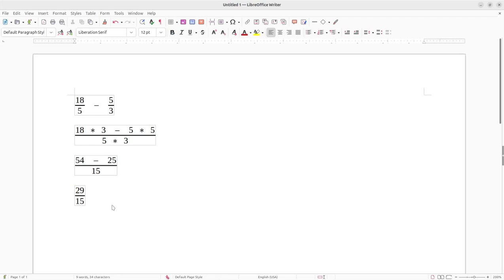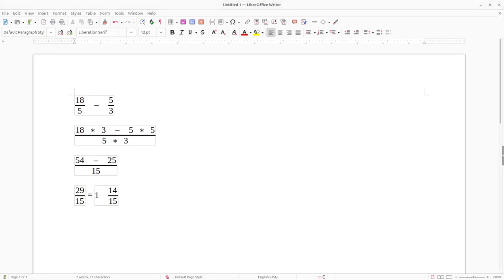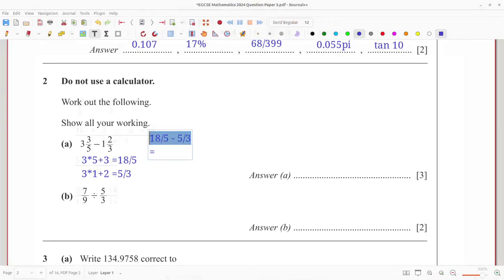And then you must simplify this to do something like 1 and 14 over 15, and that should be your final answer. Thank you. Next question. Let's just first write this answer here. So this is 1.